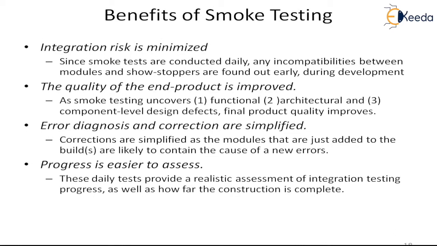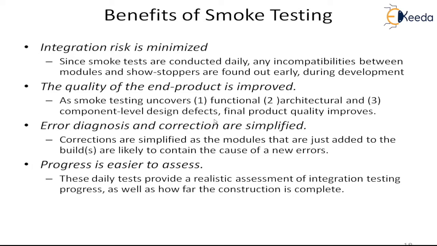What is the benefit of smoke testing? The integration risk is minimized because we are doing it as and when we go, and all the showstopper failures get found out very early. The quality of the end product is improved because we are doing functional testing, also architectural testing and component level design defects.